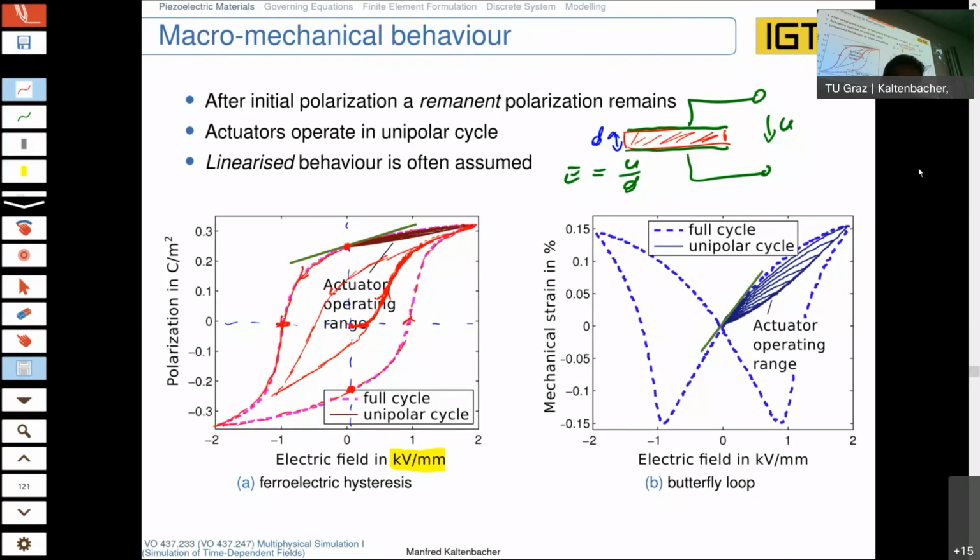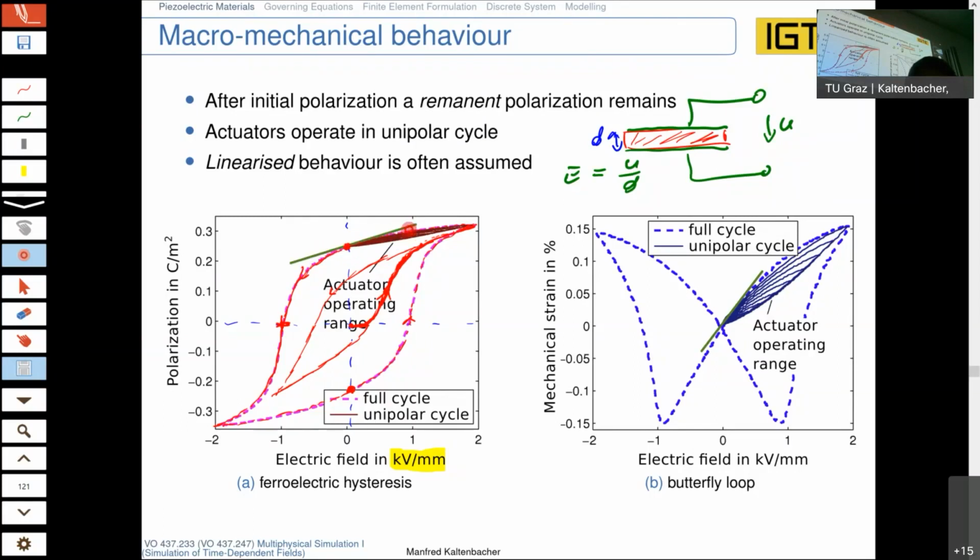On the other hand, very often we do the following: we have a working point, and around this working point we do a linearization. And you see, at least here, let's say the working point is exactly this remnant polarization. And you see, if you do a linearization here, that is the tangent at this point, it looks like this.